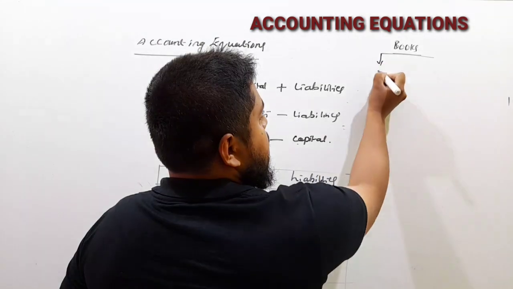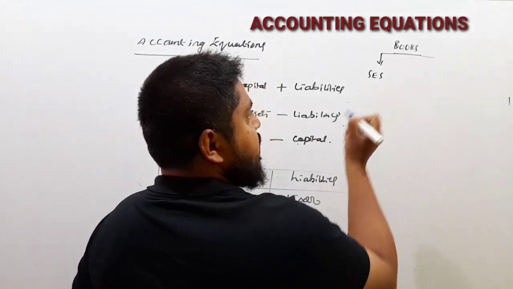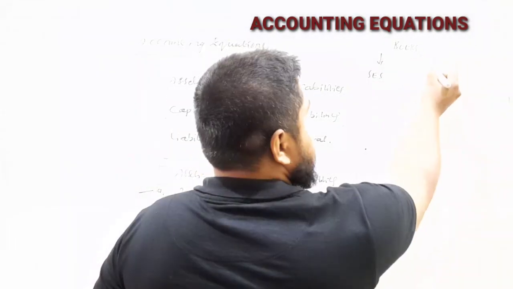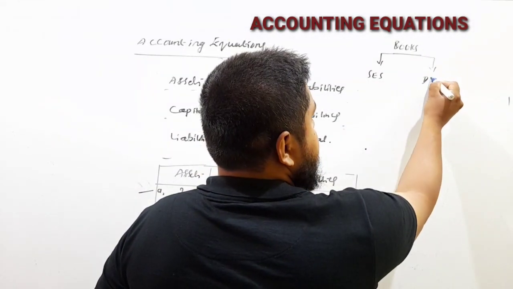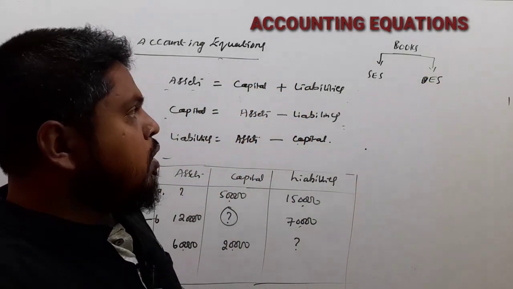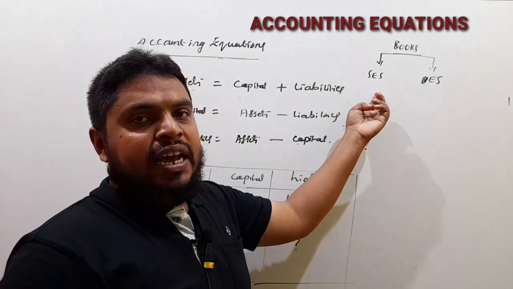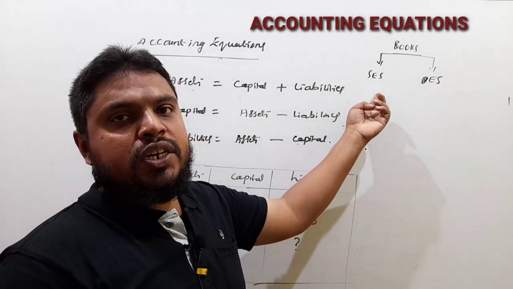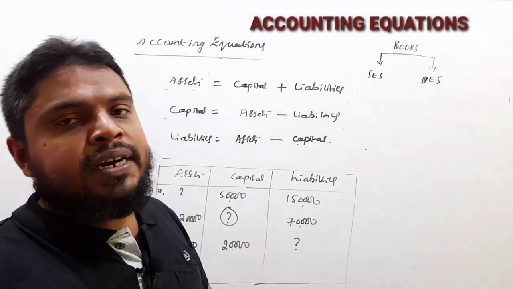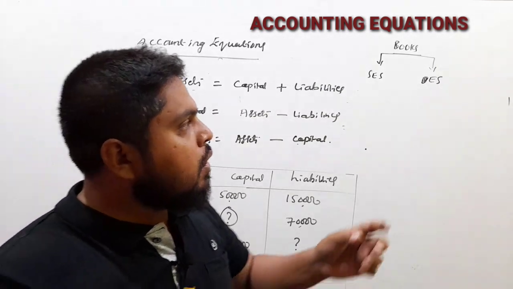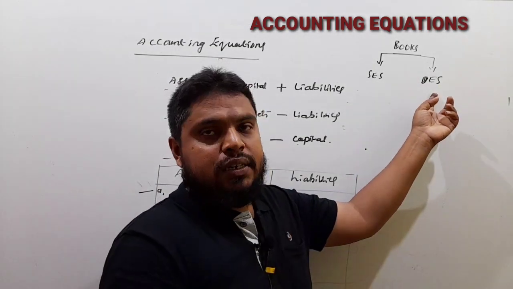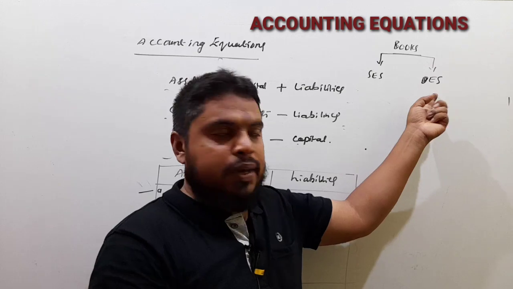First, SES, that is, single entry system, and a double entry system. Single entry system is an incomplete system of bookkeeping, whereas double entry system is a complete system of bookkeeping.